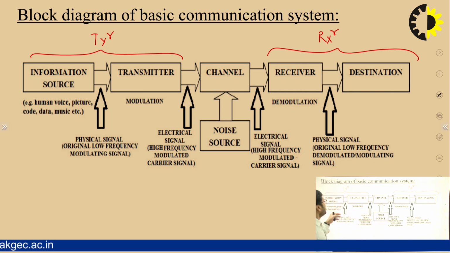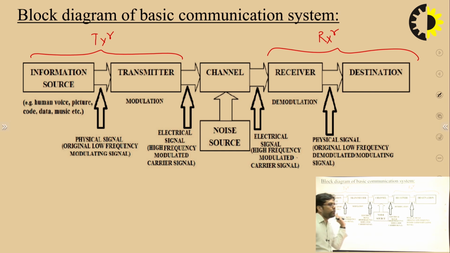Whatever you are doing at the transmitter side, just do the opposite operation at the receiver side after passing the information through the channel. If you do modulation at the transmitter, you need to do demodulation at the receiver side, then you can convert the signal back to the original form.